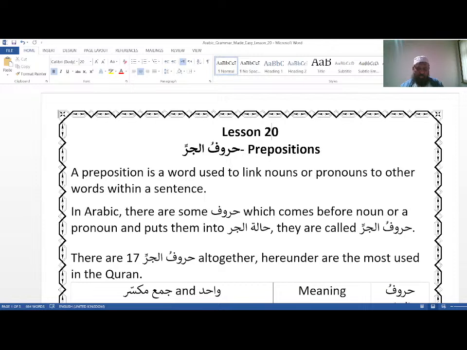The word over or above, like فوق, does not come in huruful jar. They have their own groups. But because most huruful jar come under prepositions, that's why we call them prepositions.